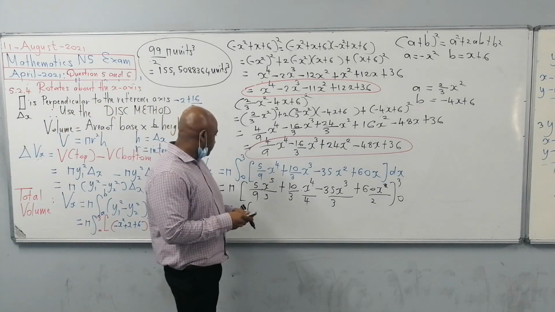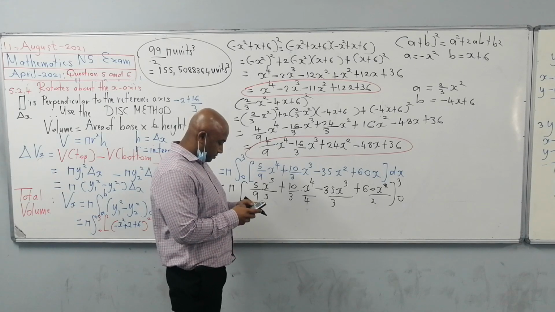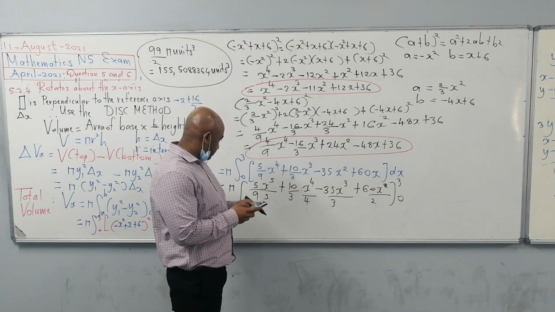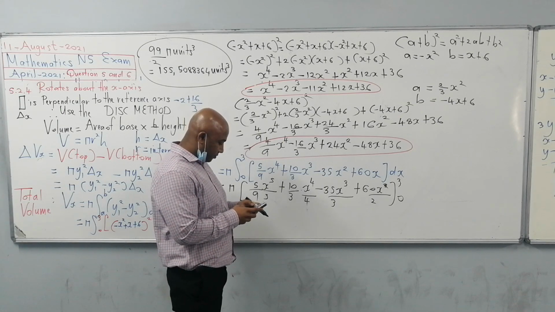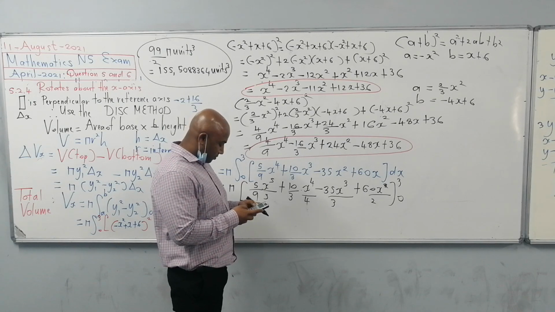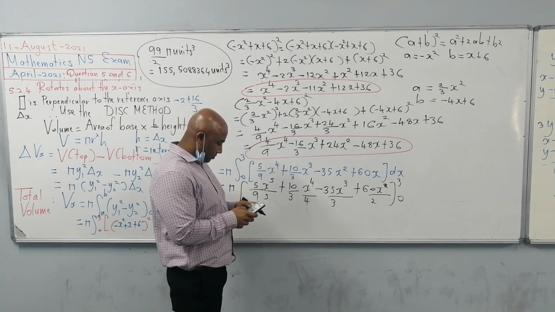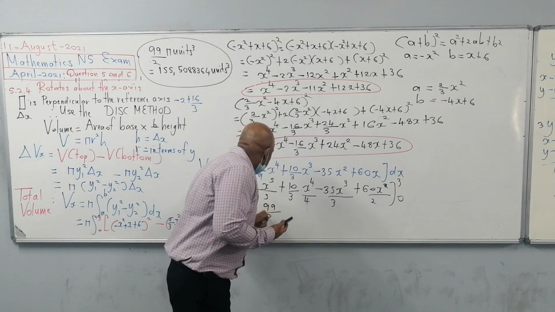Alright, so now when I substitute 3, I get 99 over 2.